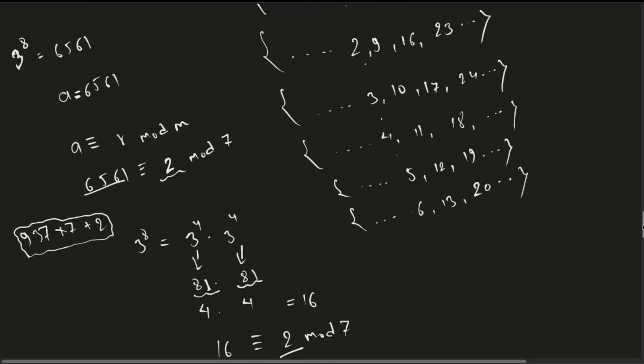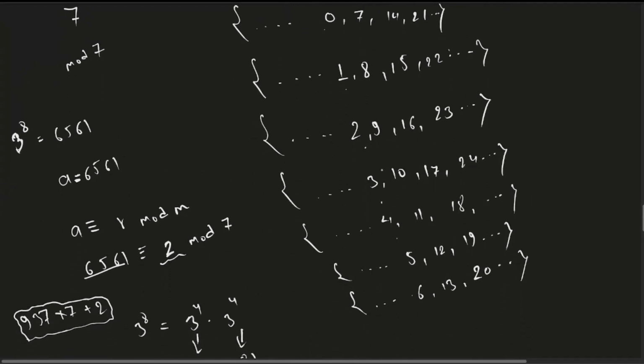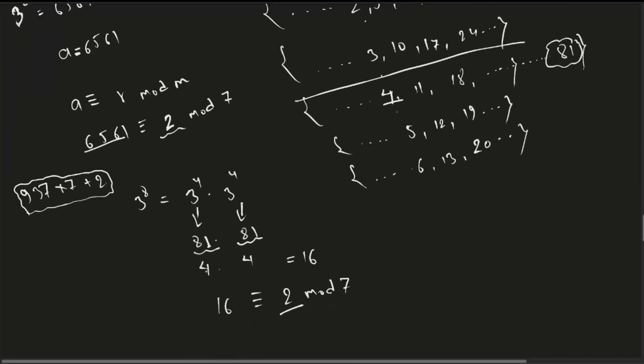If you go along this row as far as possible, you will reach 81 in there, which means you can replace this 81 with the very small number 4. And to get that, we can directly divide it by 7 and take the remainder.